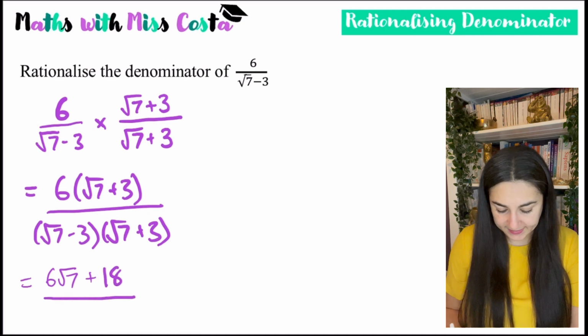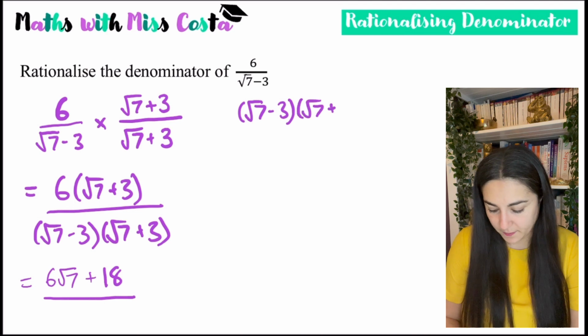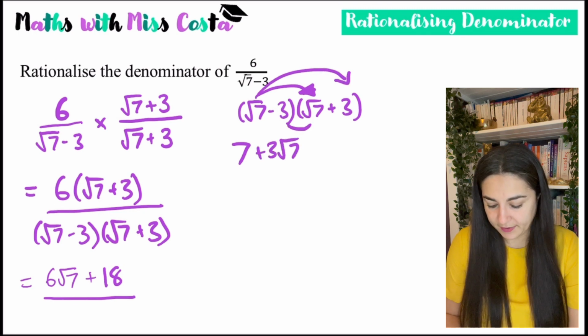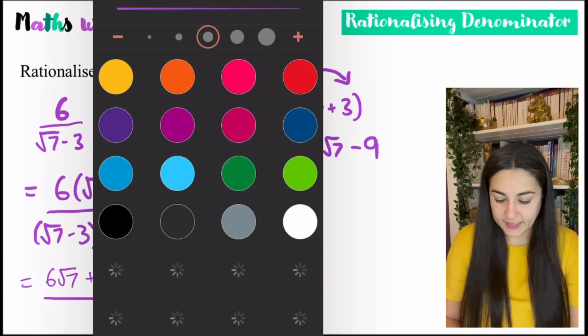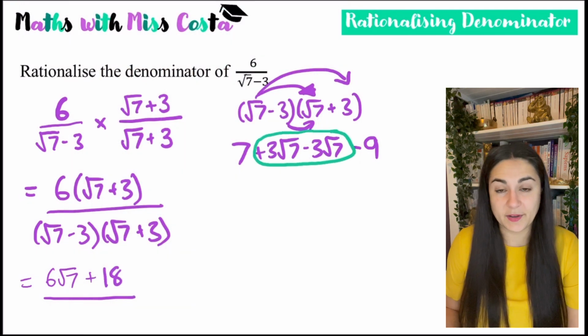And then let's expand the double bracket up here. So root 7 take 3, root 7 plus 3. Root 7 times root 7 is just going to be 7. Root 7 times 3 is going to be 3 root 7, negative 3 root 7, and minus 3 times 3 is negative 9. So the key thing is that these two terms are going to cancel out because they're like terms.